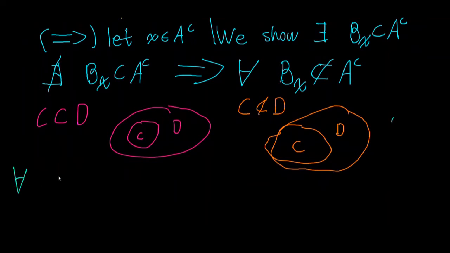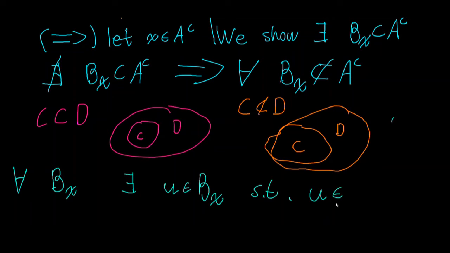For every open ball centered at x, there exists some point U in that open ball centered at x, such that U is not in the complement of A.